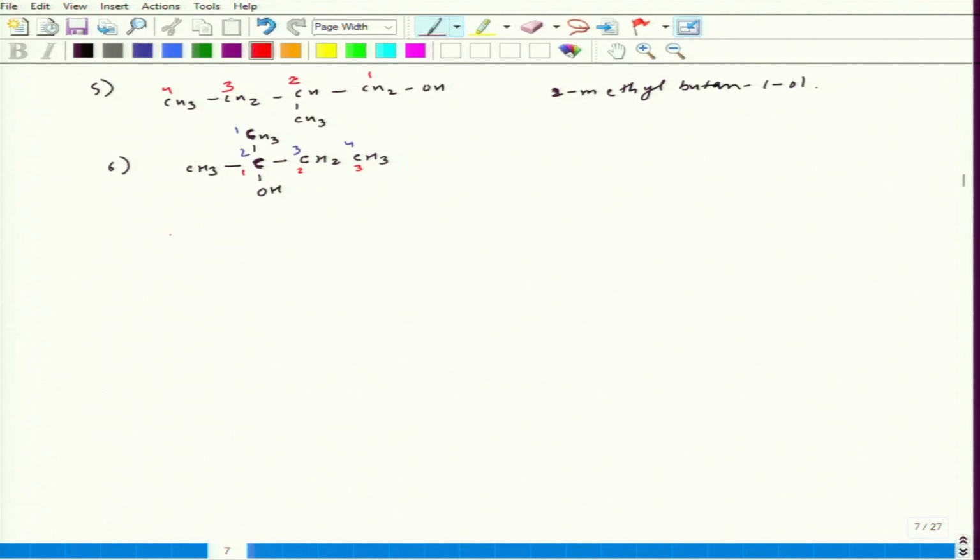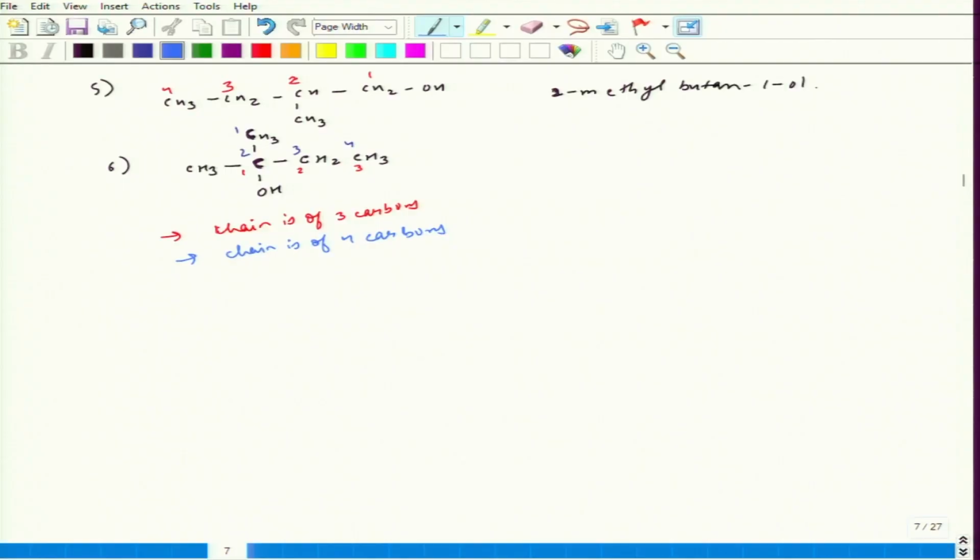What we have in the red, that chain is of 3 carbons, and what we have in the other case, the chain is of 4 carbons. So we will prefer having a longer chain of 4 carbons over 3 carbons.